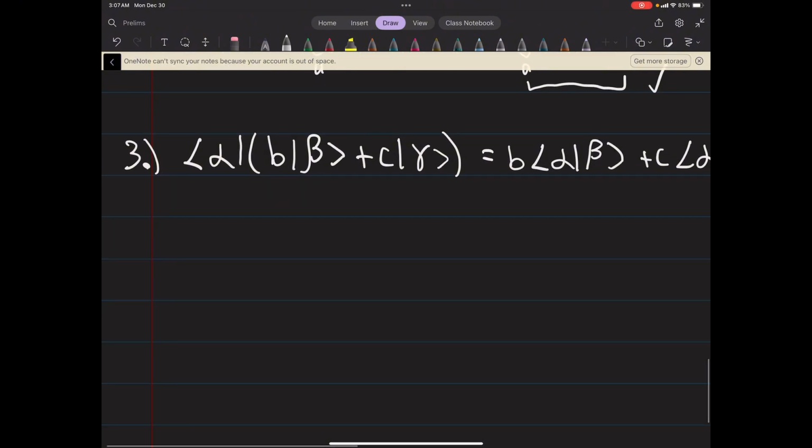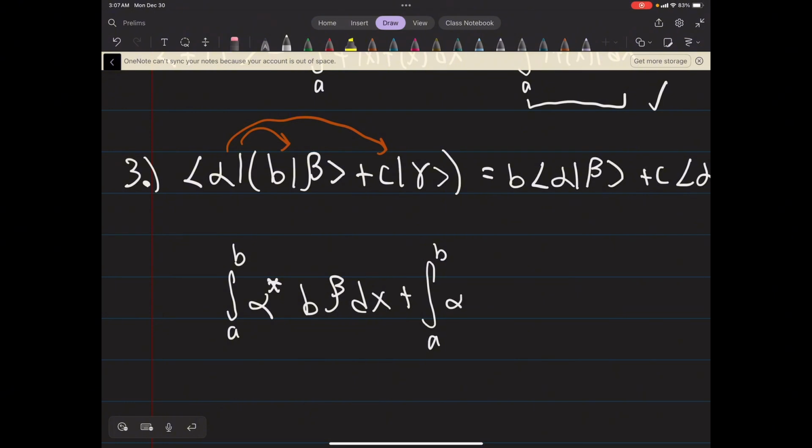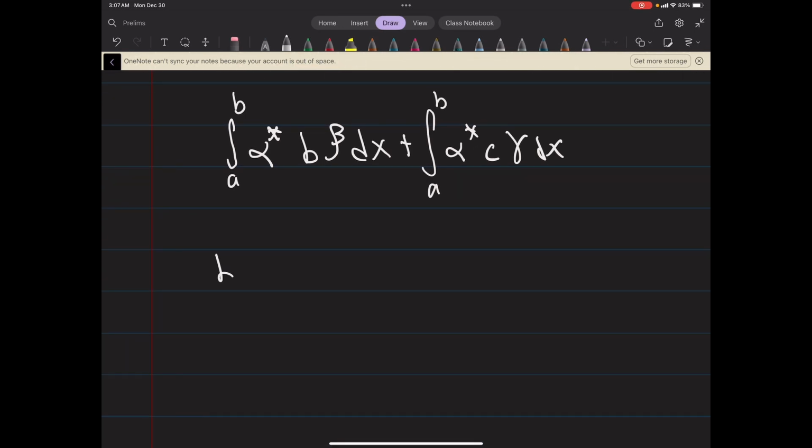So let's plug this into the integral, actually. We'll have the integral from a to b. Alpha is complex conjugated. We have b, beta, dx, plus, so that's this first term here. The second term, again, and of course we can factor constants out of the integral.